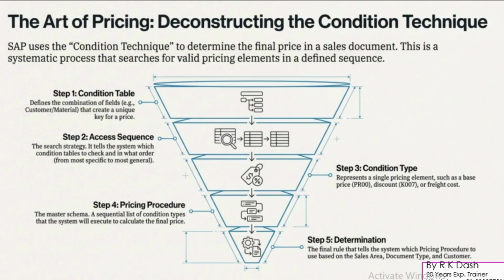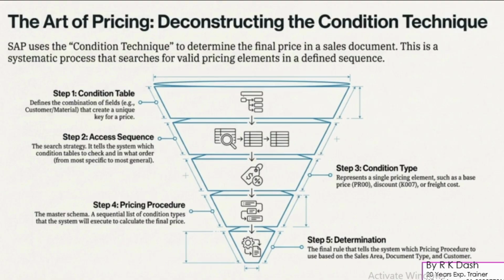After creation of the condition type, we will create the pricing procedure, the master schema, a sequential list of condition types that the system will execute to calculate the final price. Then determination will happen. When we create the condition table, we add the fields inside it. Then we create the access sequence and add those condition tables inside the access sequence. Once the access sequence is created, it will be linked with the condition type.